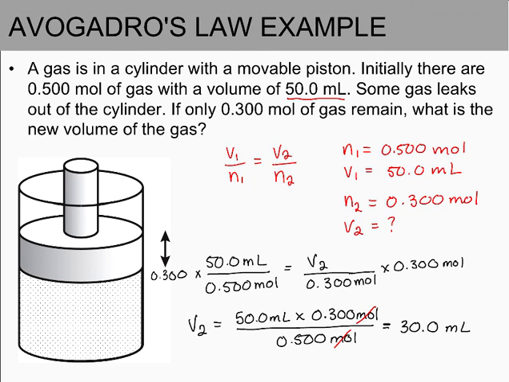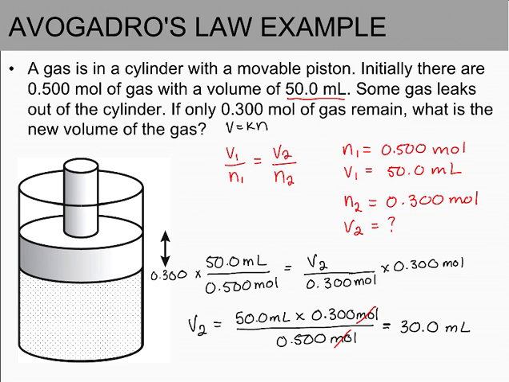And that makes sense, right? Gas leaked out of the cylinder, so we would expect that the volume would decrease if we have less gas. And we can also see that from the initial equation that we had written out, so V equals Kn, which tells us that volume is directly proportional to the amount of gas that's present.